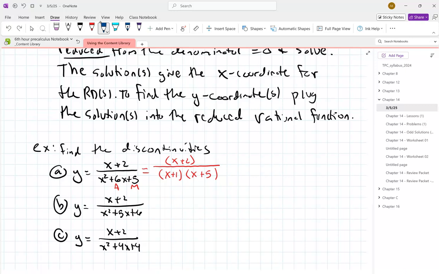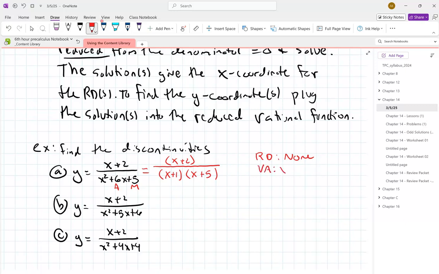So notice the x plus 2 is different from the x plus 1 and the x plus 5, correct? None of those are identical. No reducing to do here. Since there's no reducing, can we have a removable discontinuity? No, because it requires reducing to happen.